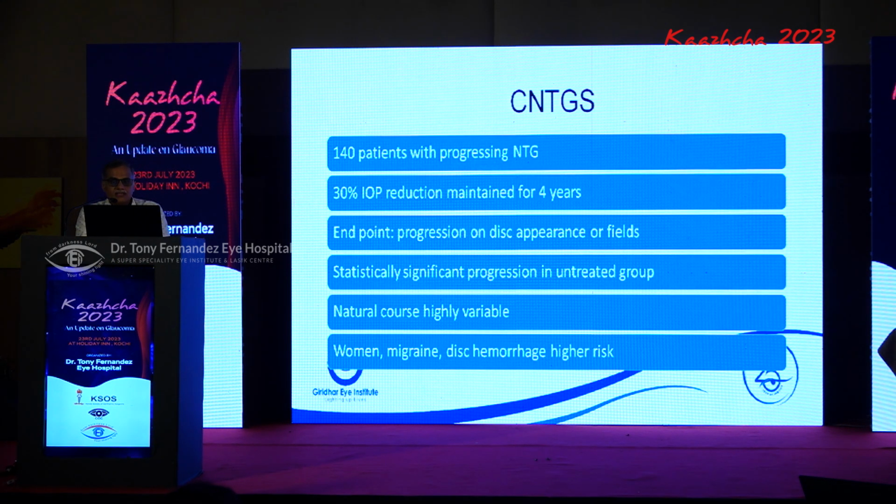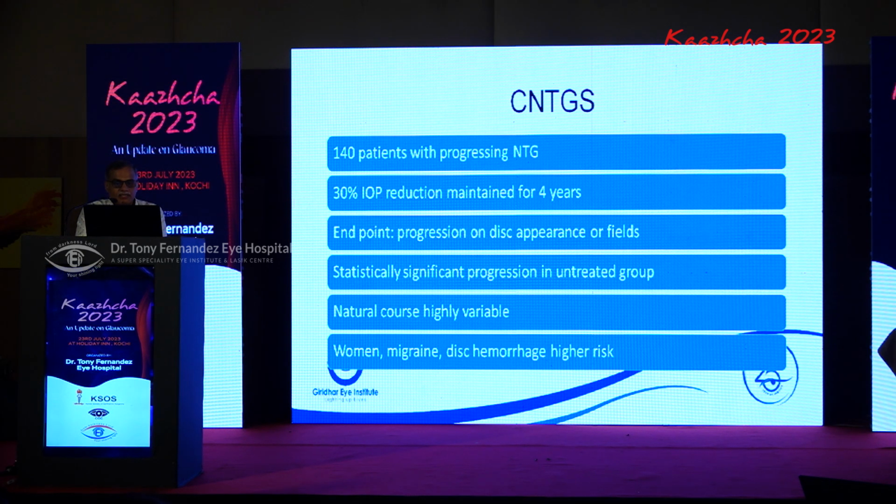A word about the Normal Tension Glaucoma Study. It came around 1998 or so. They divided 140 patients with progressing NTG into two arms. One arm they treated and reduced the pressure by 30% from the baseline.